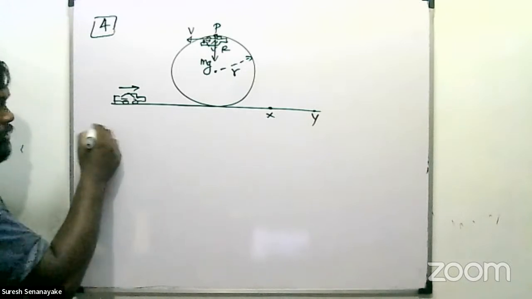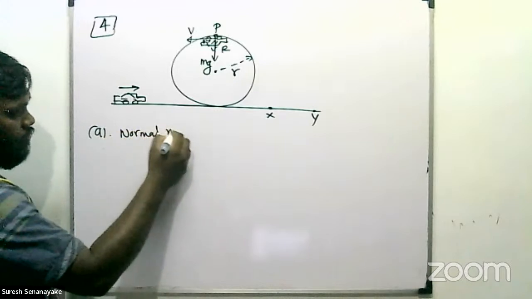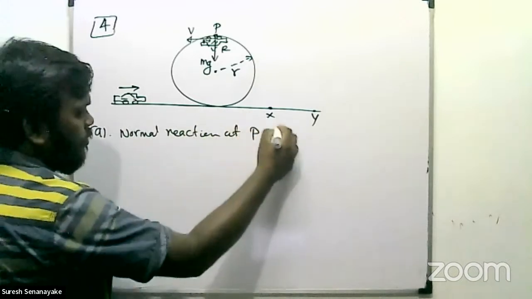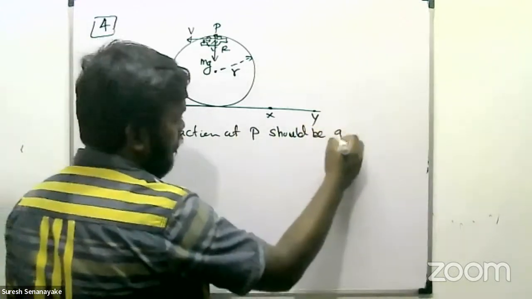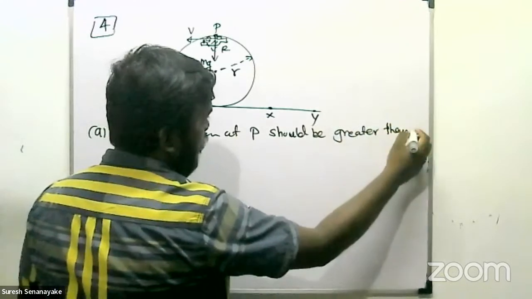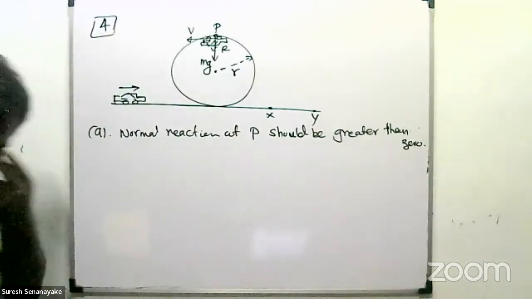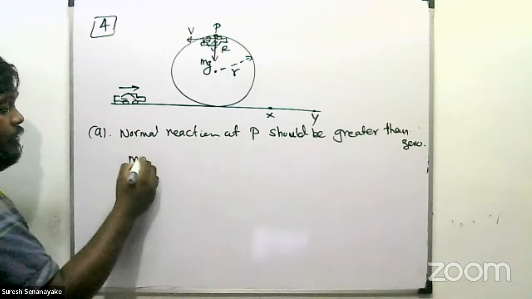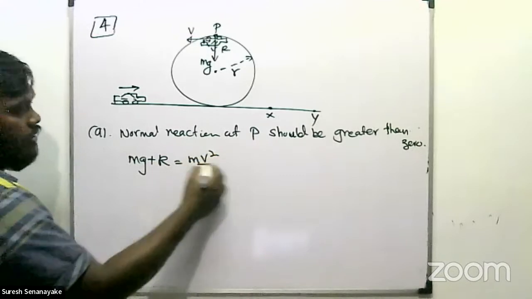So in this case, the normal reaction at P should be greater than 0. So then the equation for this point, the centripetal force, is mg plus R equals m v squared over r.